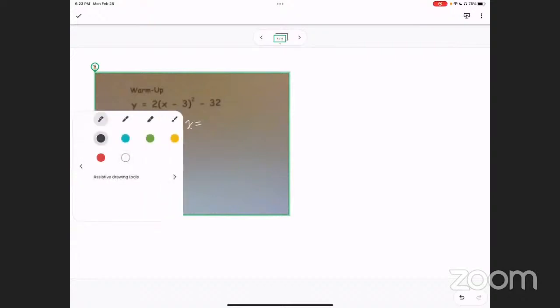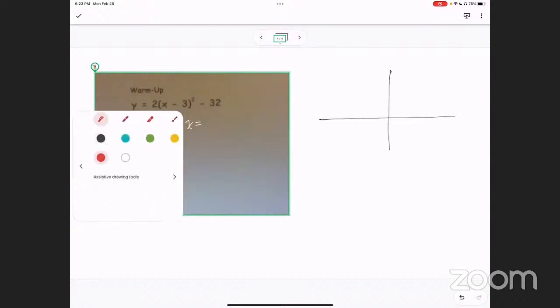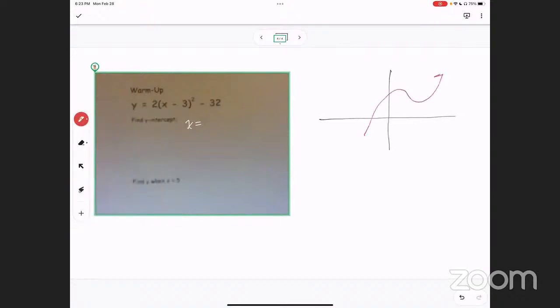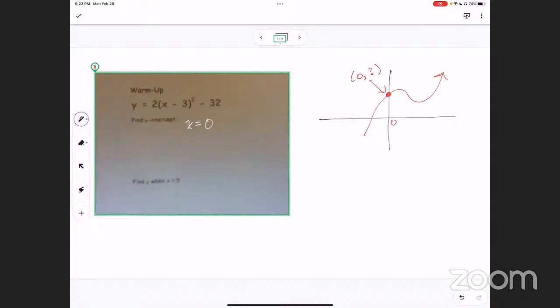Think about an axis. X equals 0? Yeah, x equals 0. So what I do is I plug in 0 for x and I solve for y.